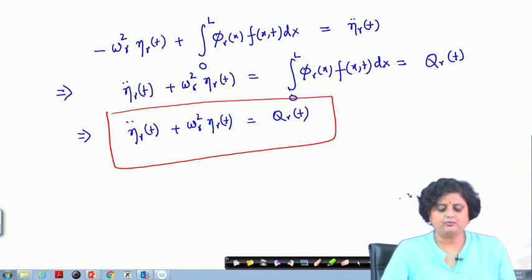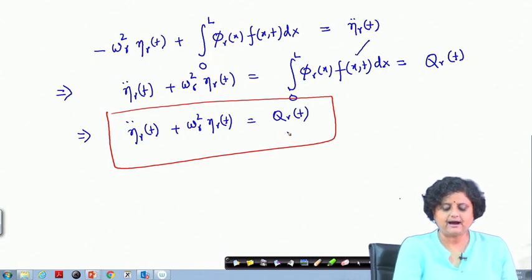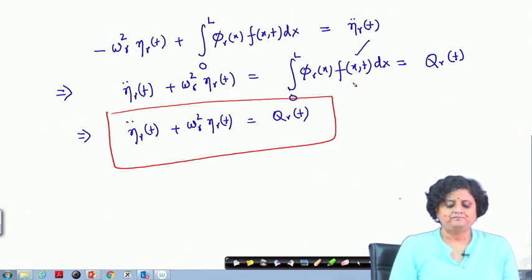We also know how to find out eta r x t, because f x t, the externally applied force, will be given to us, and Q r t is nothing but the integral of the mode shape phi r x into the force f x t integrated over x. So, now our problem boils down to a very similar problem that we have dealt with in detail in the earlier lecture.